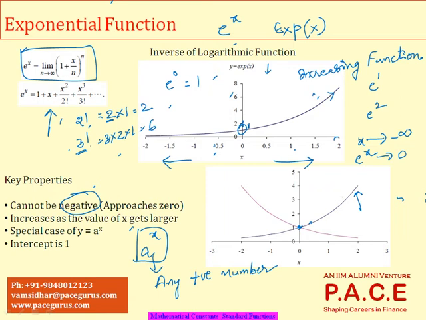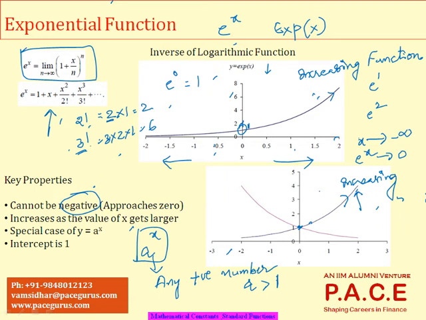As the value of x keeps increasing, a to the power of x keeps increasing. As long as a is positive and greater than 1, it is an increasing function. Now that e is 2.718 and it is greater than 1, we see that e to the power of x is also an increasing function.